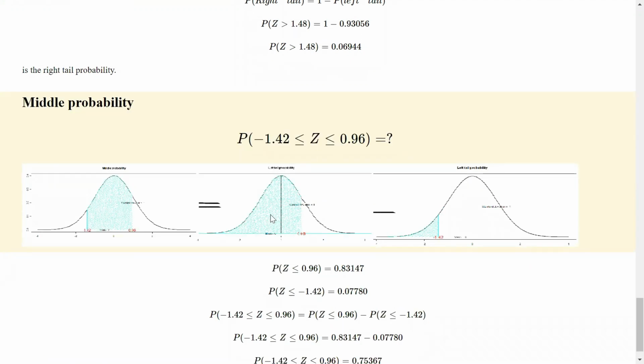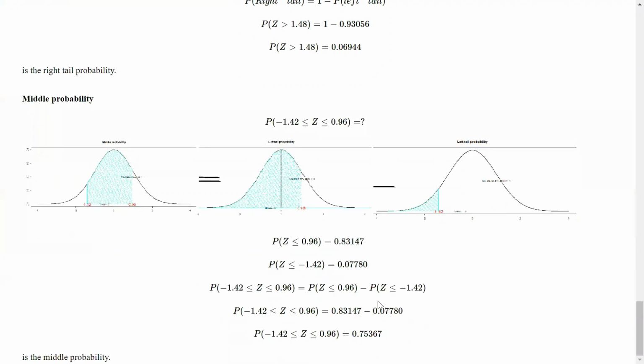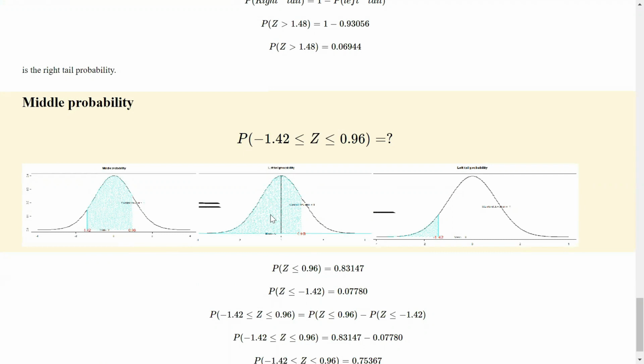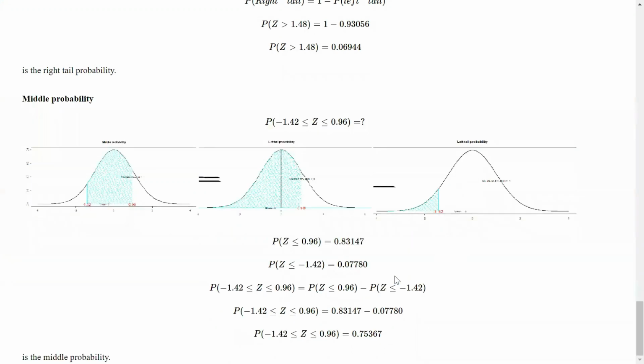First, z-score less than 0.96 with probability 0.83147, and z-score less than negative 1.42 with probability 0.07780.